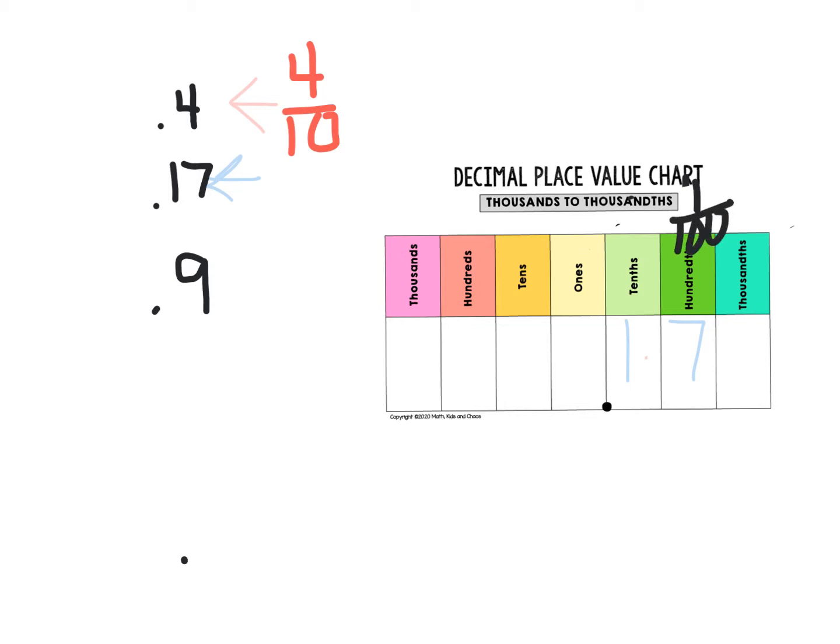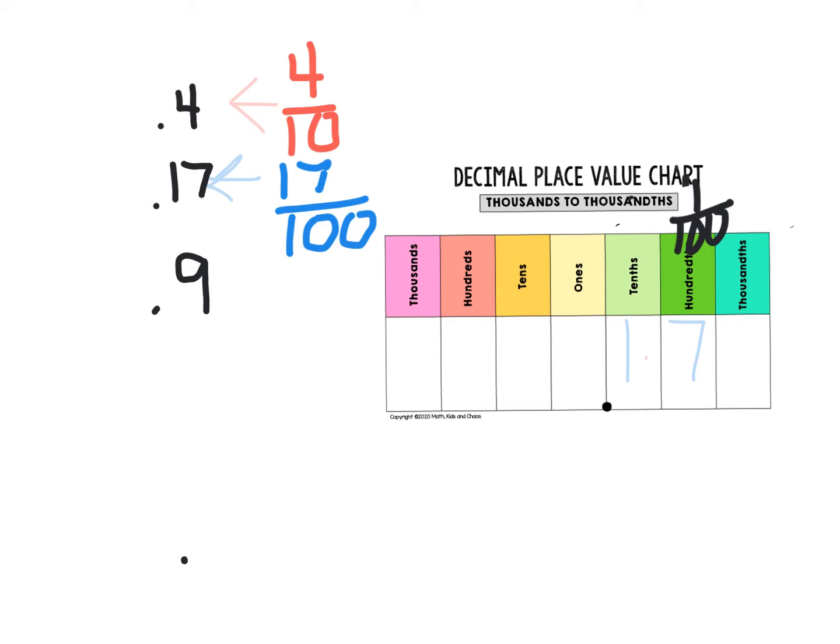How would we say hundredths? Hundredths is over 100. This is something hundredths. And it is 17 hundredths. So 0.17 looks like 17/100 or 17 hundredths. Notice a pattern?